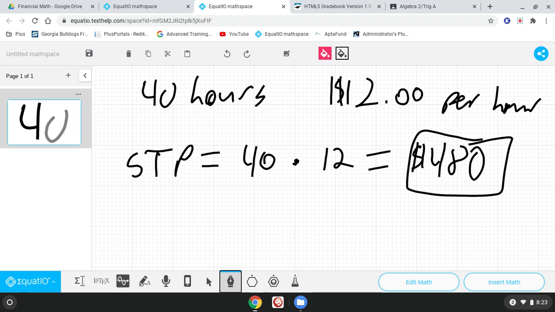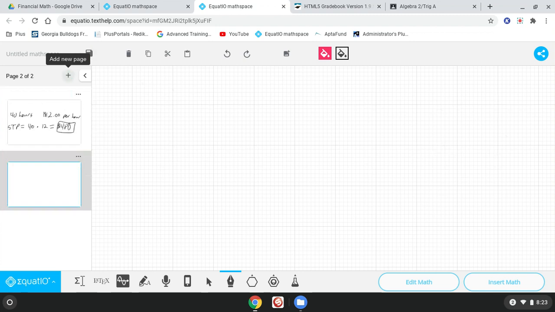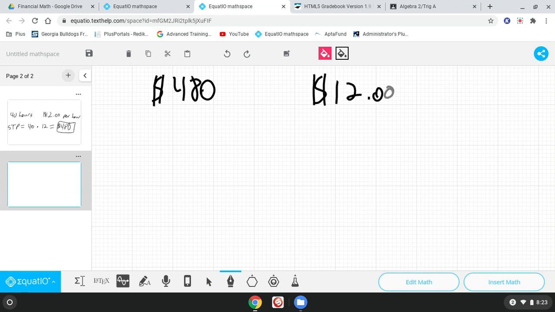And then it may ask you something like, if you want to make $480 and you're paid $12 per hour, how many hours would you have to work to get $480?